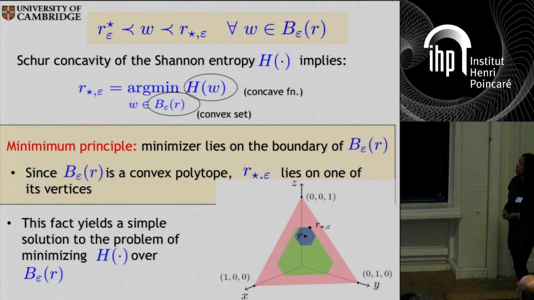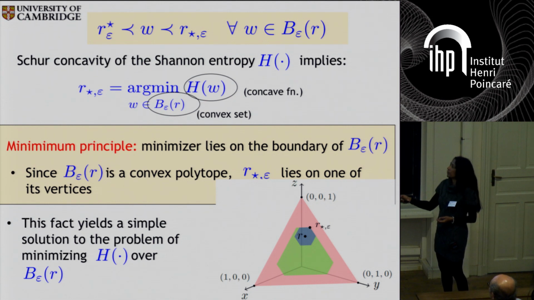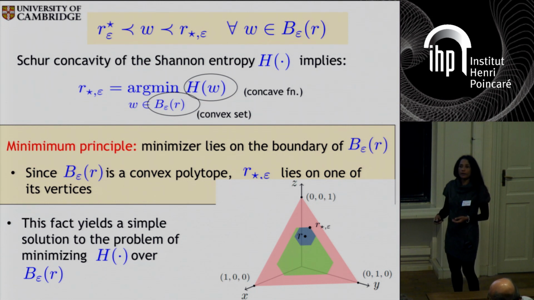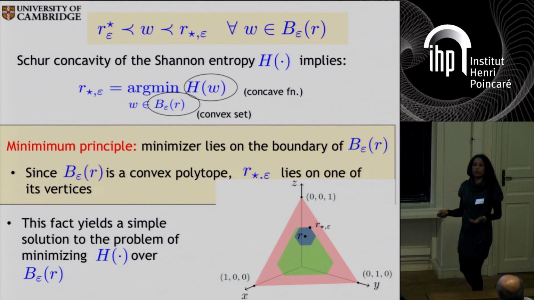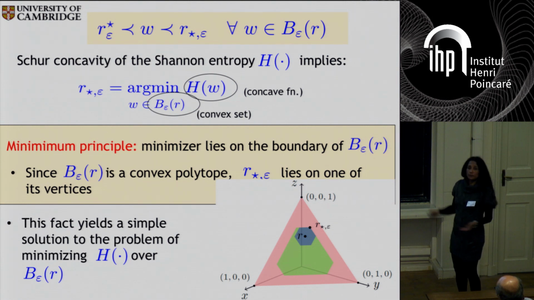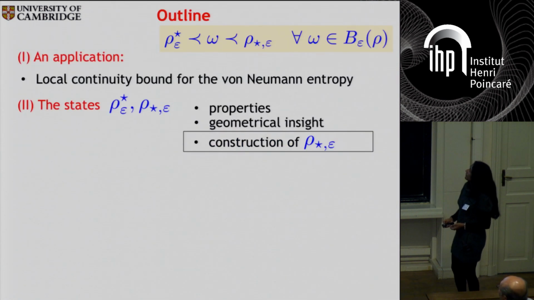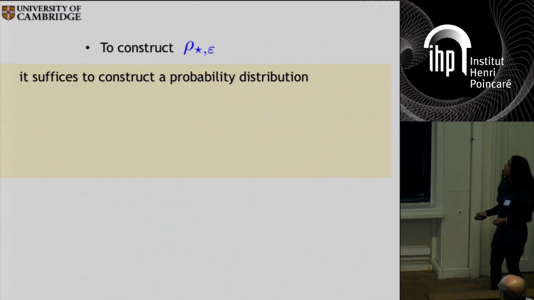In fact, this minimum principle yields a simple solution to the problem of minimizing the Shannon entropy over B epsilon R, and thus allows us to find rho lower star epsilon R, because once we know its eigenvalue vector, we know the state. So now I can give you cleanly the construction of this rho lower star epsilon.